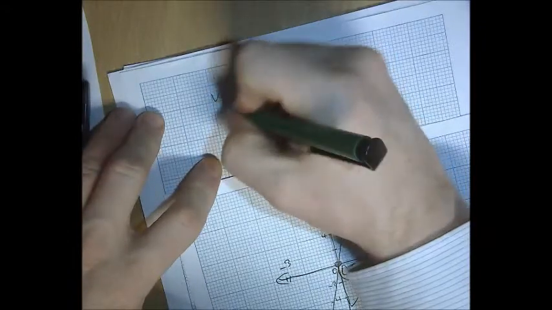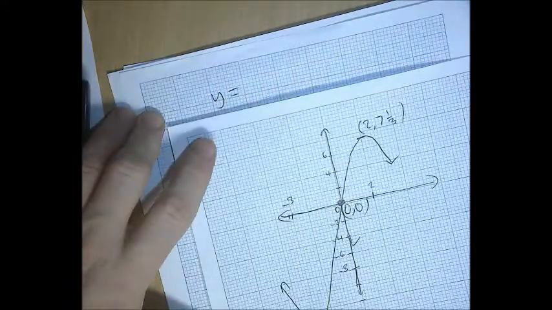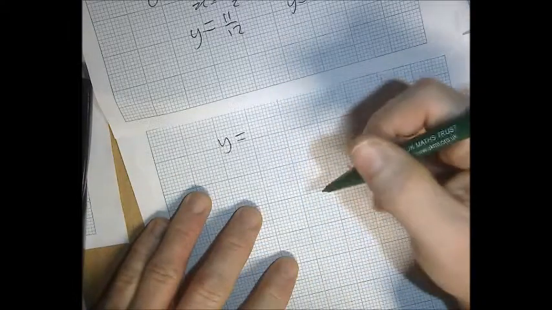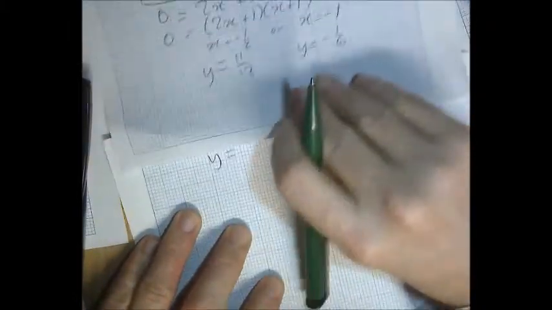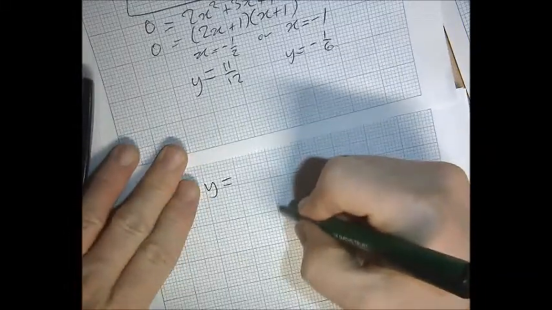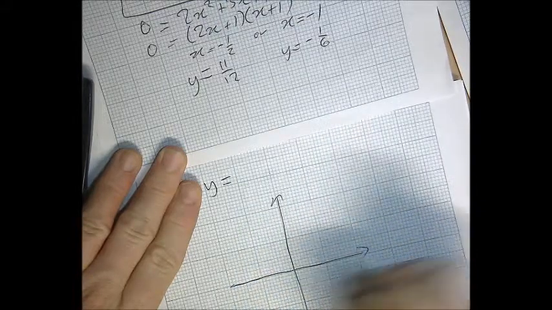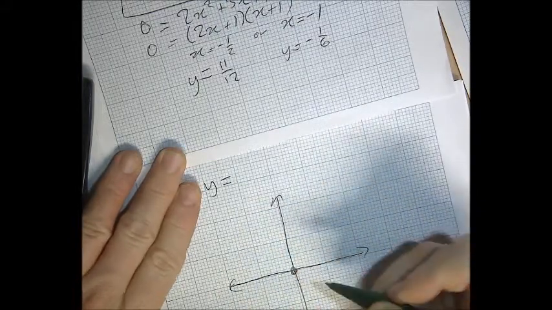So here's the graph. Okay, so it crosses at 0,0.